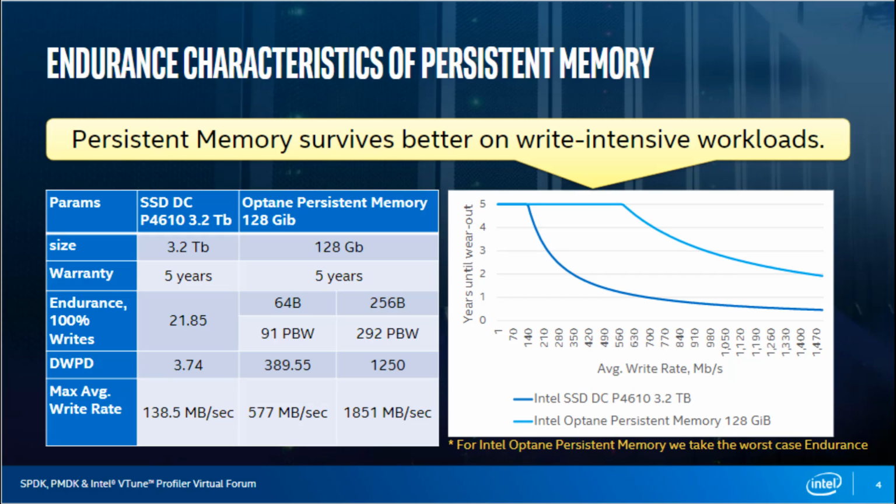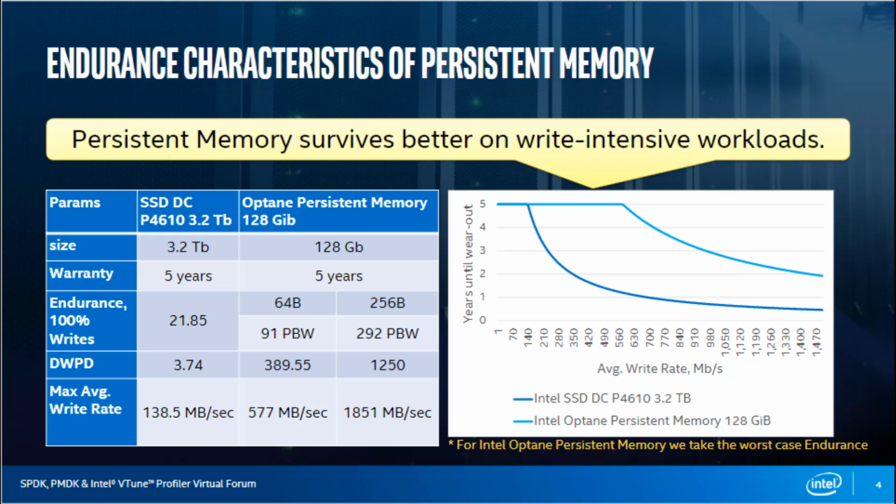What does it mean for us? It means that write-intensive workloads can benefit from persistent memory because, for example, we can save money. When a storage device wears out, we need to replace it with a new one, and we need to spend money for this.